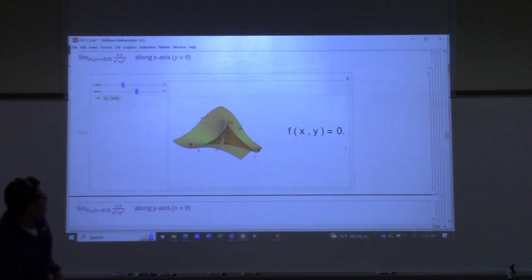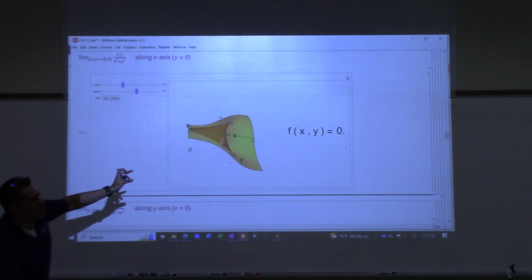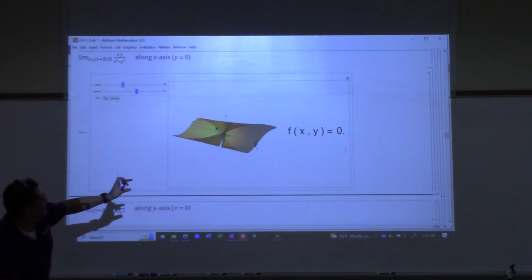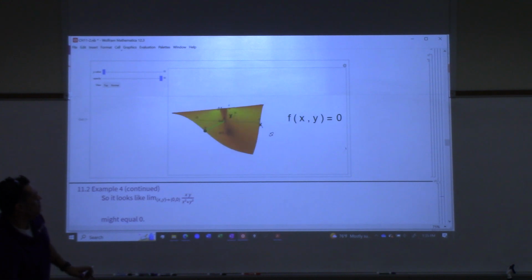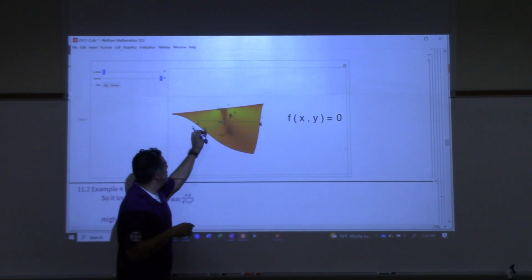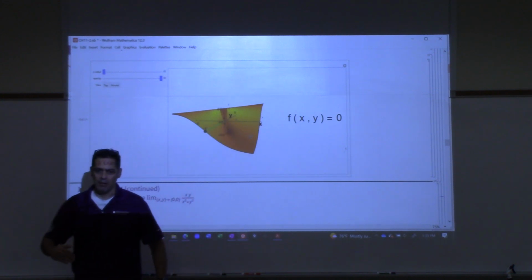Can y'all tell that no matter where you come in along the x-axis, the z coordinate's always 0? And if I come in along the y-axis, same thing. As I approach that point, the z coordinate is 0 as well.